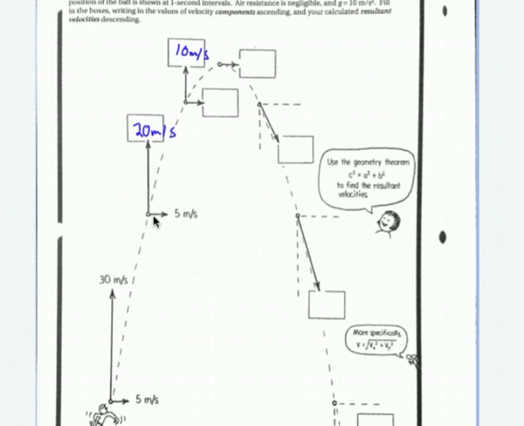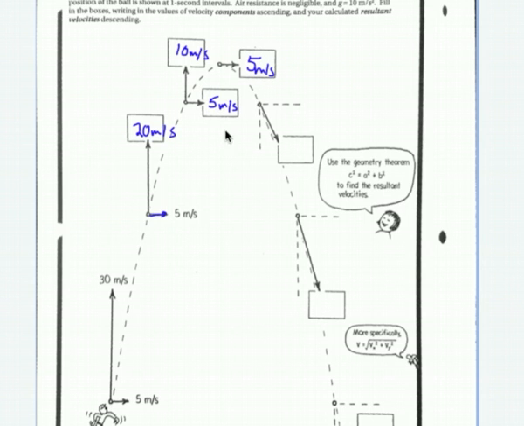And then our horizontal velocity stays constant. It's constant velocity here, so it's 5 meters per second. And then at the top of our motion, our vertical velocity is 0, but our horizontal velocity still stays at 5 meters per second.